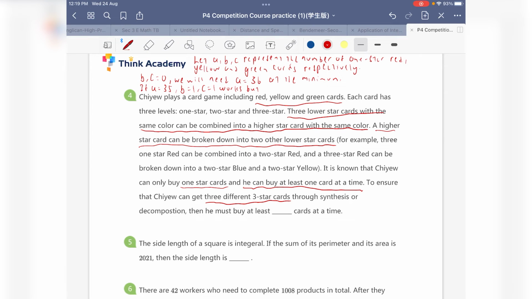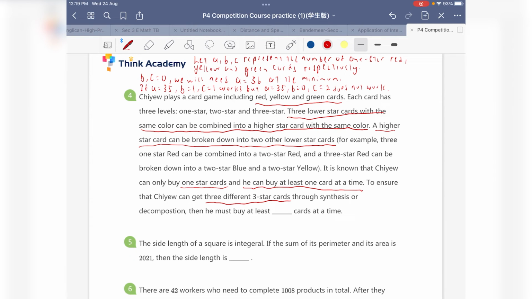But A equal 35, B equals 0, C equal to 2 does not work. Aha. So how many cards do we really require actually?